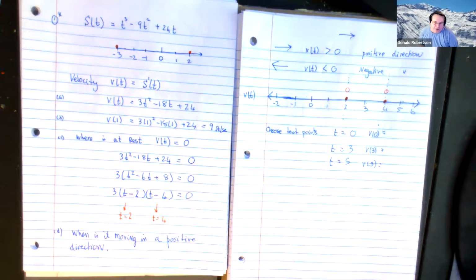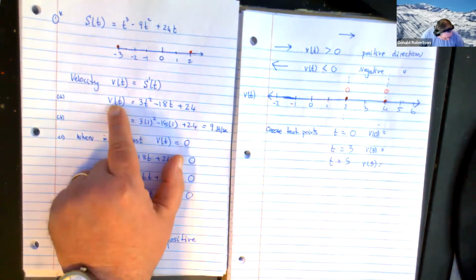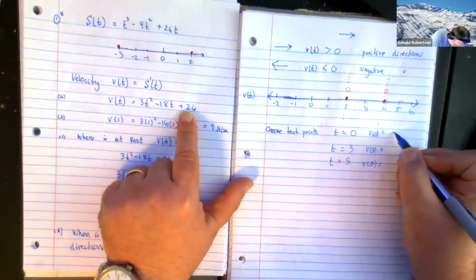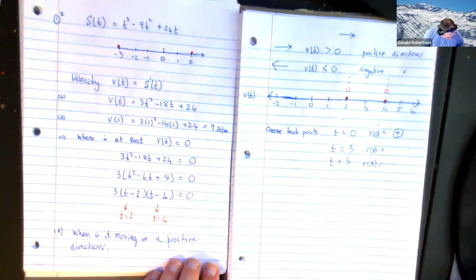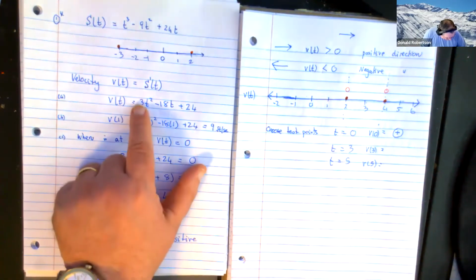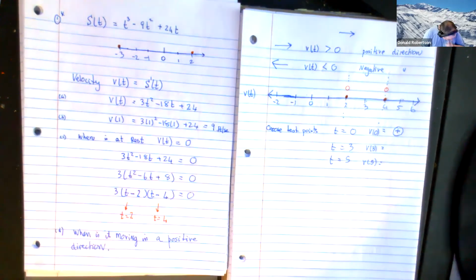And I don't want you to write negative 12 if the answer is negative 12. All you write down is if the answer is positive or negative. So the first method is plug and chug. For instance, velocity at 0 is plus 24, but all I write down is plus. Now the velocity at 3, I'd put in 3, calculate and get the answer. If I wanted 5, I'd put in 5 and get the answer.